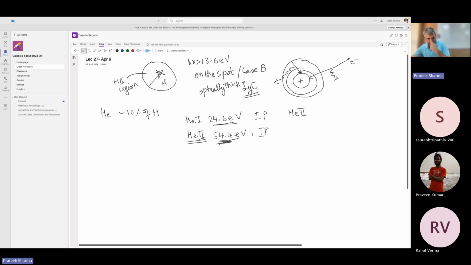So when we have helium involved, we have to actually be careful. For helium as well, case B conditions hold, right?